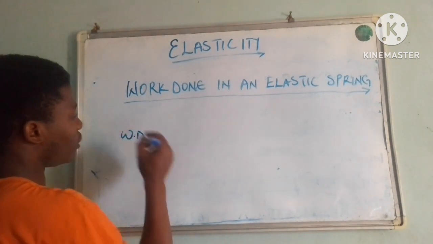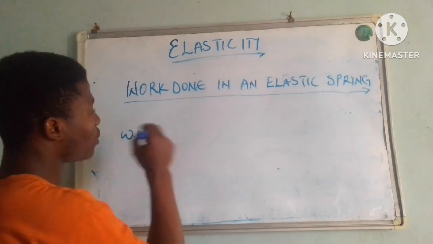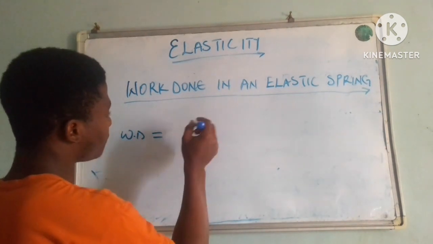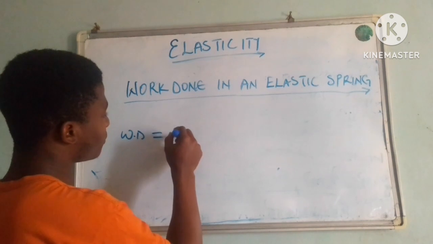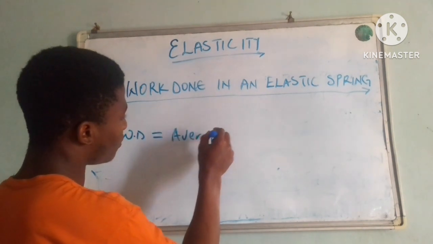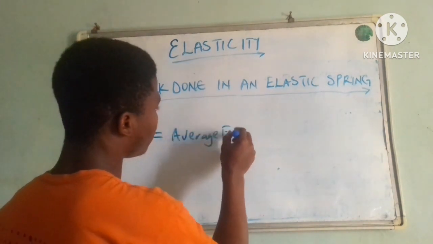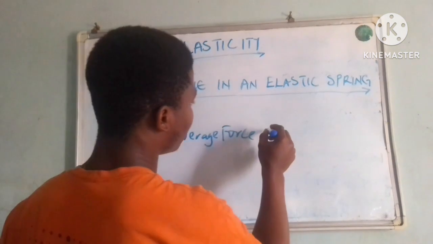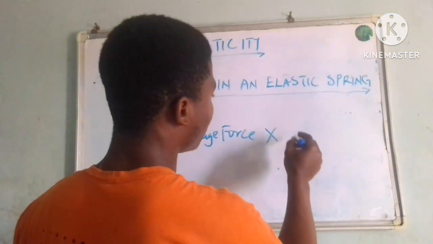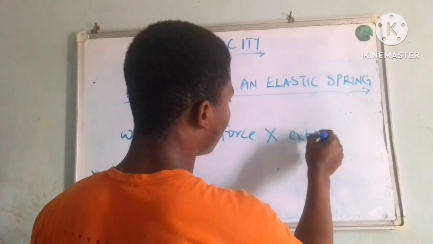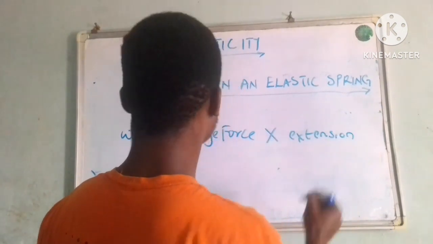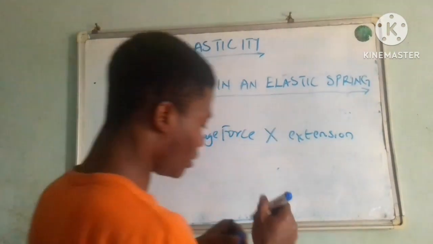We use WD to represent work done, which is equal to average force times extension. So average force times extension.